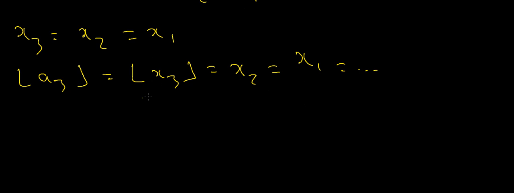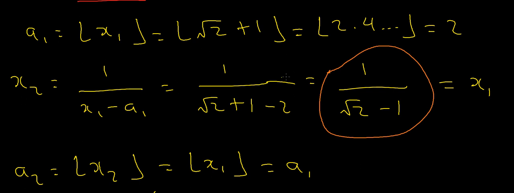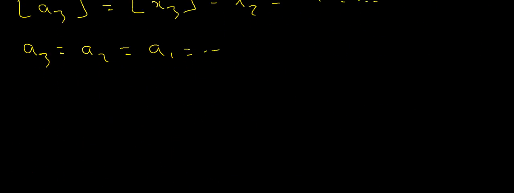That tells me that a3 is going to be equal to a2, which is going to be equal to a1. Every time I continue this algorithmic process, with x3 I'm going to get 1 divided by x2 minus a2, which is again 1 divided by x1 minus a1, because x2 equals x1 and a2 equals a1. So I'm always going to end up with 1 divided by root 2 minus 1. So there's no point in me continuing this sequence. I'm just going to get the same numbers.